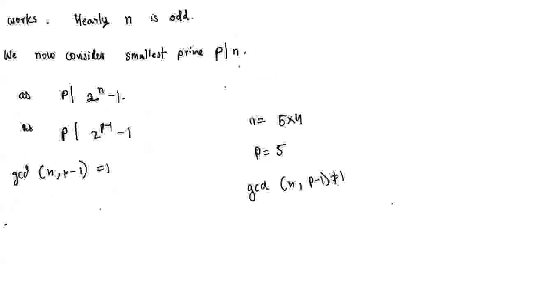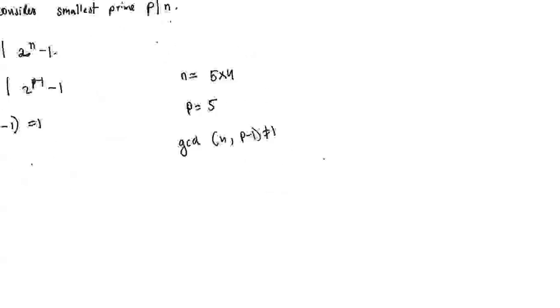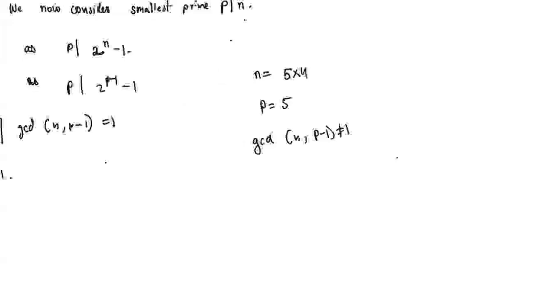So n is 5 times 4 and p is 5. It's not the smallest prime dividing n. And here the GCD of n and p minus 1 is not 1. p minus 1 here is 4. So what was the need to use the smallest prime?